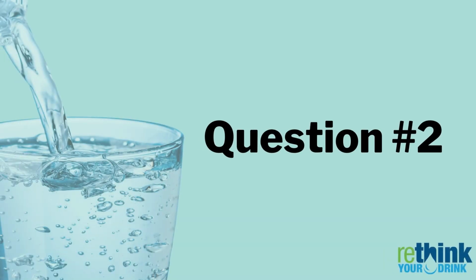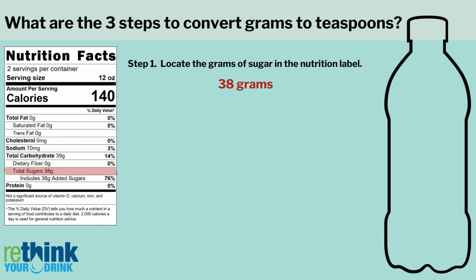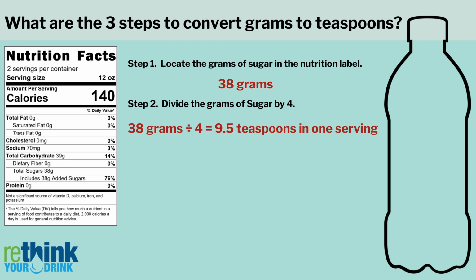Question number 2. Do you remember the 3 steps to convert grams to teaspoons of sugar? Here's the answer. Step 1. Find the grams of sugar. Step 2. Divide the sugars by 4 to convert grams to teaspoons.